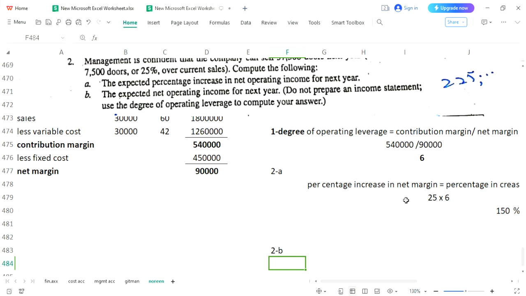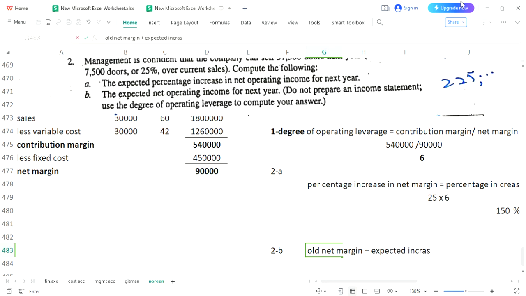We will use again this degree of operating leverage, and what we will be doing is, we will take our old net margin and add the expected increase, with which we will get our new net margin.